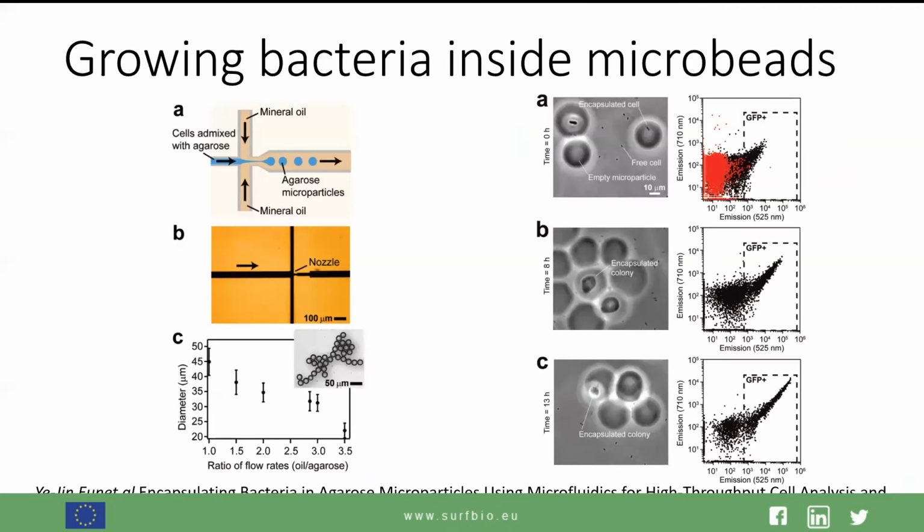Okay. Now, a few ideas on how it's possible to apply such a microfluidics approach to bacteria. One of them, which we found in the literature, uses microparticles as microreactors. We can mix bacteria with agarose, create droplets of agarose, and check how the bacteria grow in exactly one droplet.